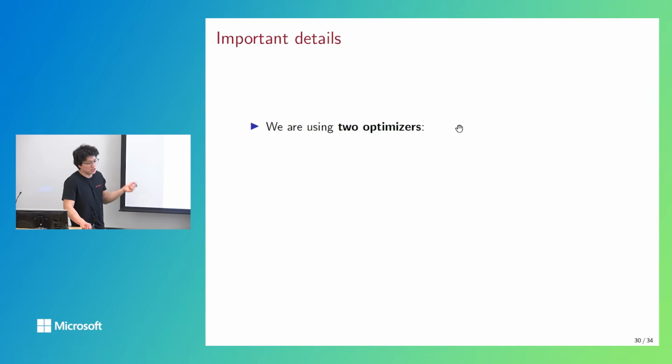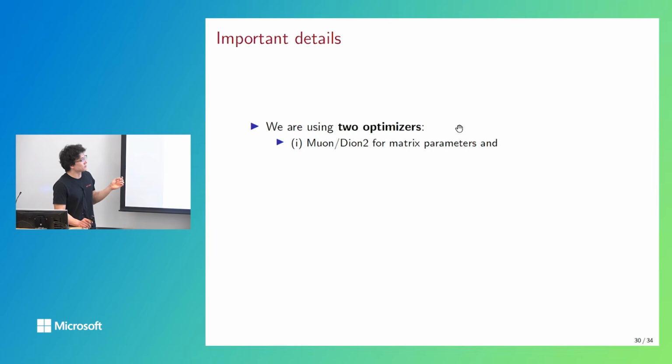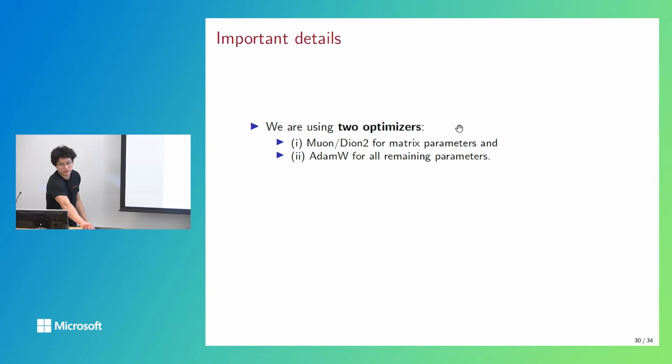Just because we are using Dion2 or Muon, et cetera, we're not relying entirely on this, because modern AI models have both matrix parameters and scalar parameters. For matrix parameters, you're using Muon or Dion2 or other orthonormal optimizers, while we should use other scalar optimizers like AdamW for the remaining scalar parameters.